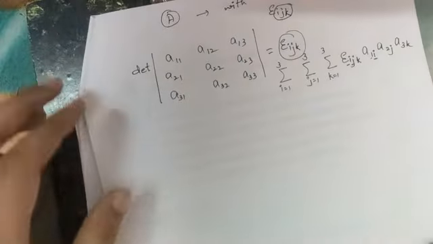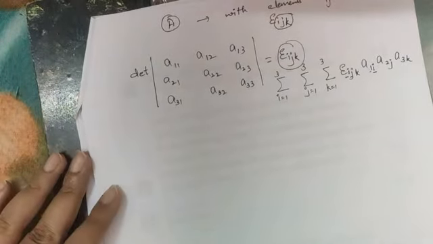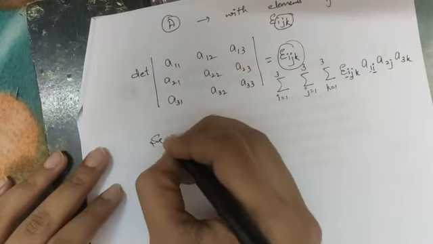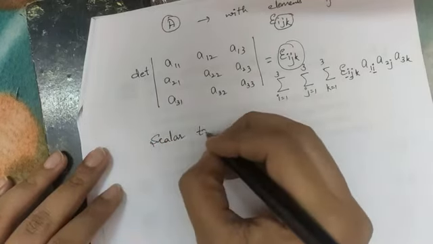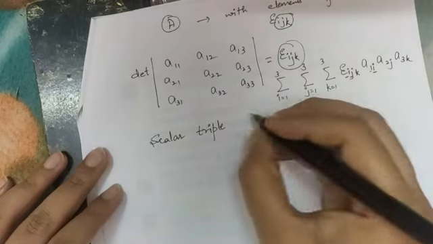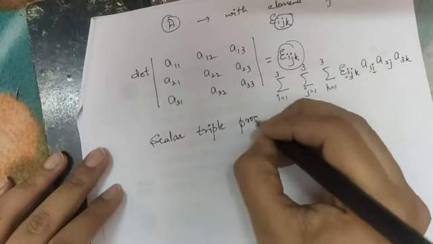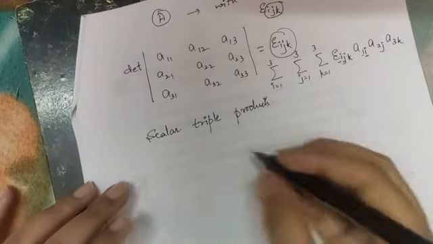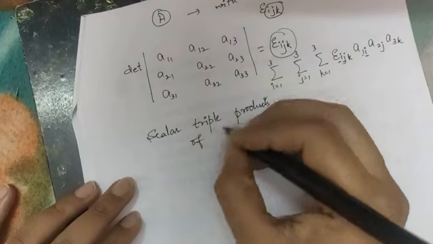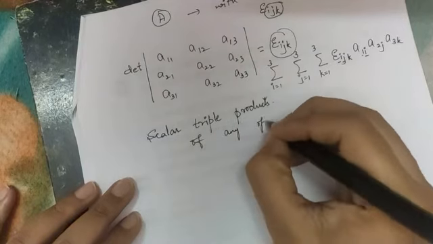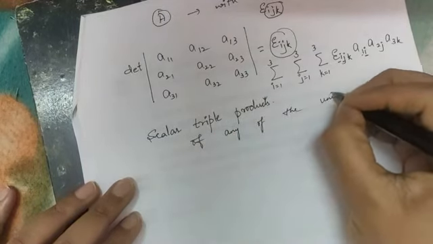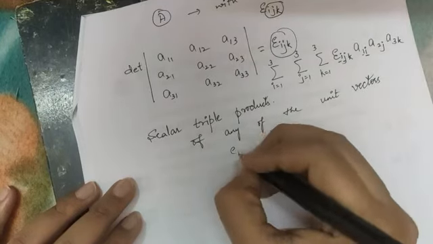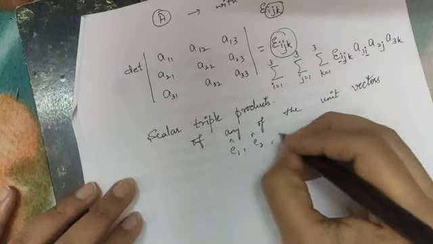So one more thing is this Levi-Civita symbol can be expressed as a scalar triple product. Since it is having 3 suffixes, we will express this using scalar triple products of your unit vectors, right? So of any of the unit vectors. For time being, I will consider the unit vectors as e1 cap, e2 cap, e3 cap.